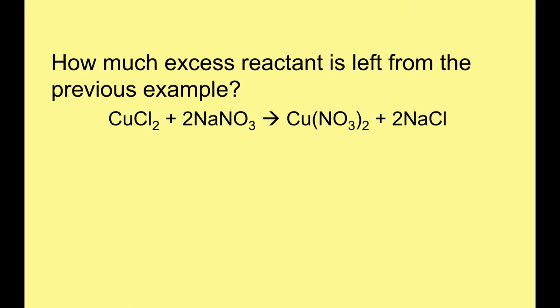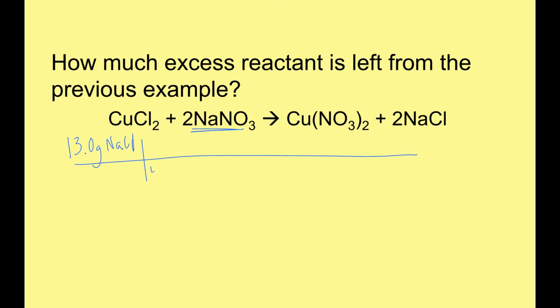So if we are using the same example, we need to start with how much we started with or ended with. That's 13 grams NaCl. And we need to go back to this one. This is our excess reactant. So back to grams.